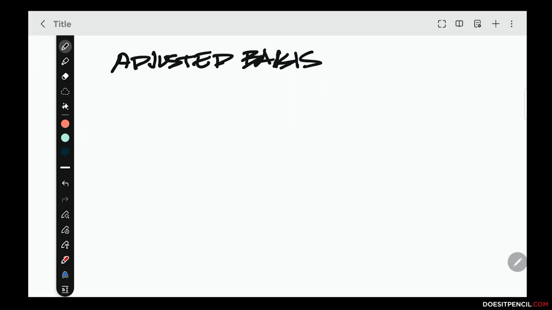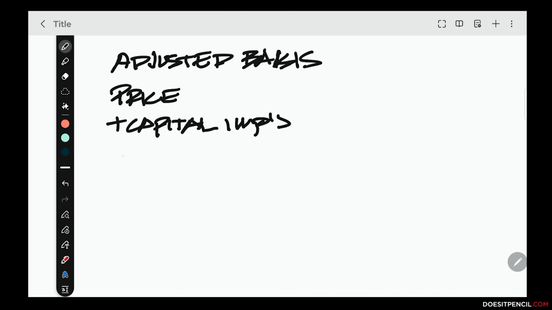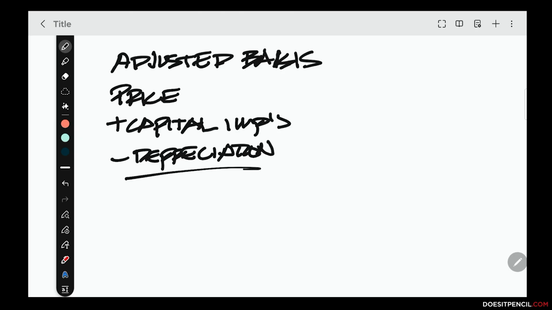Sorry. Okay, so what is your adjusted basis? Well, this is what it is. It's your price plus your capital improvements minus the depreciation you've taken. This is your adjusted basis.